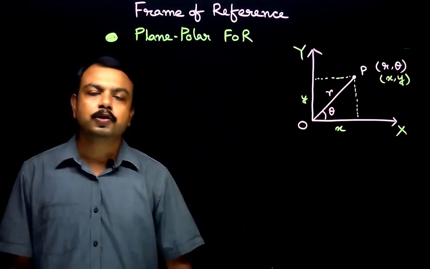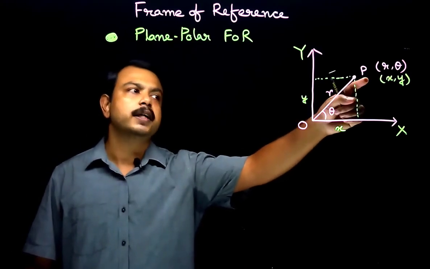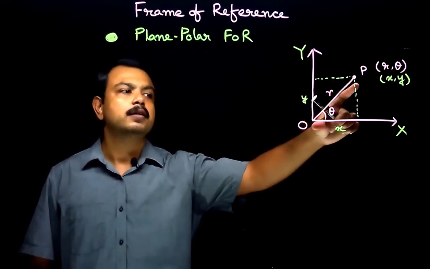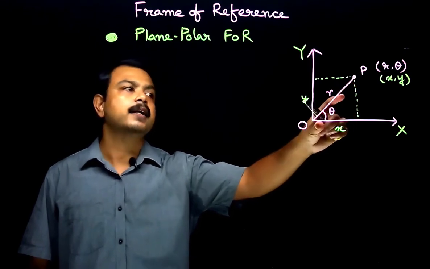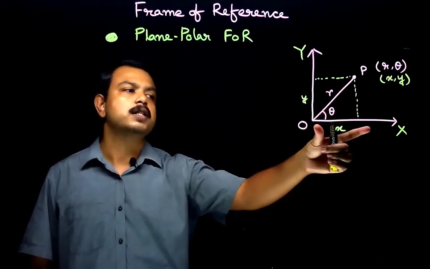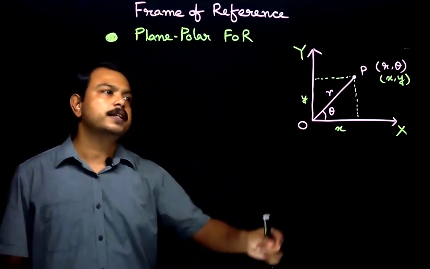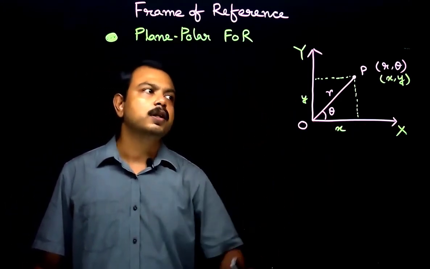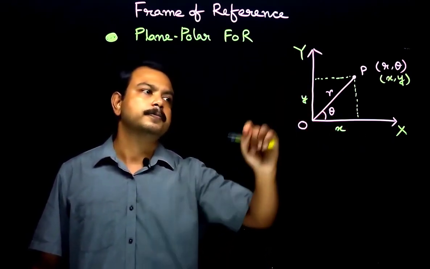Now let's move on to plane polar frame of reference. In plane polar frame of reference, the position of a point is represented with the length joining the origin and the point itself and the angle this straight line makes with the horizontal axis. The equivalent representation in Cartesian coordinate system for the same point is also shown here.